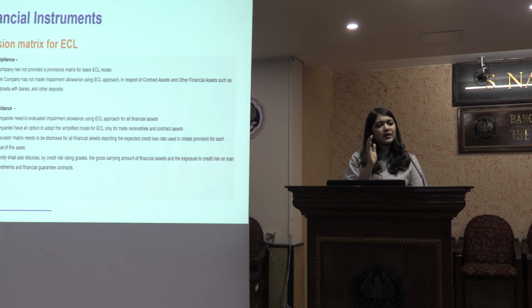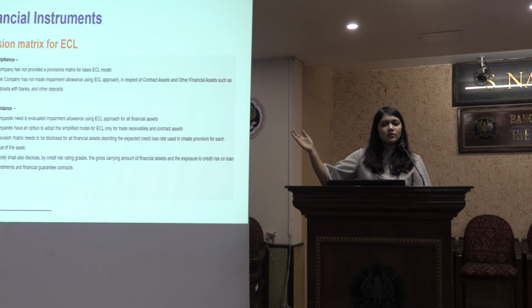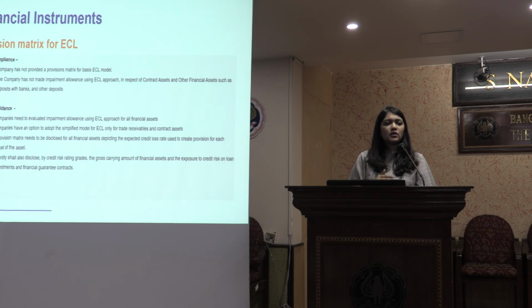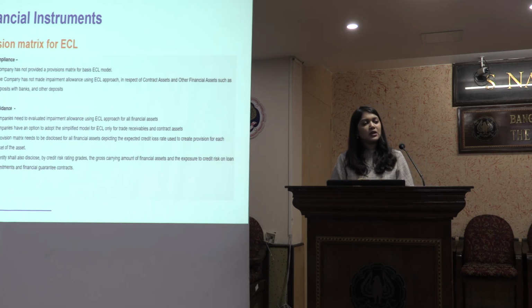You cannot create a 10% provision for something which is not due and also for something which is past due by 2 years or 3 years. So that provision matrix should come: where are you creating 100% provision, where are you creating 60%, where are you only creating, let's say, 0.5%. Again, that matrix should be provided as part of the disclosures.